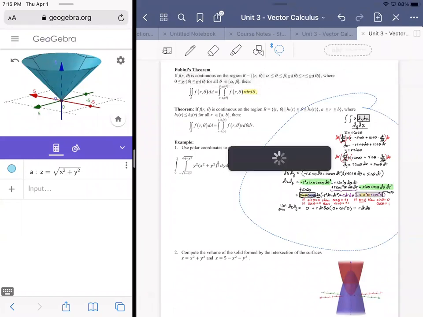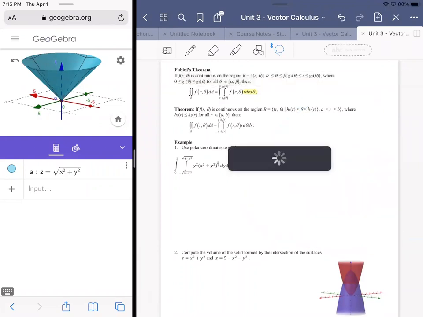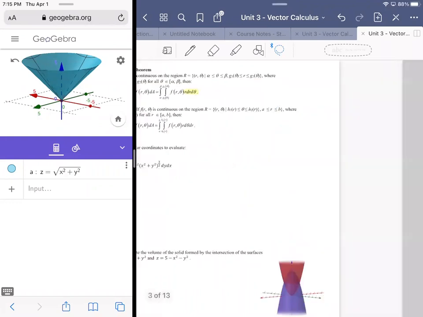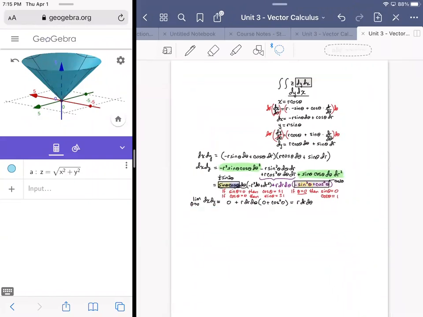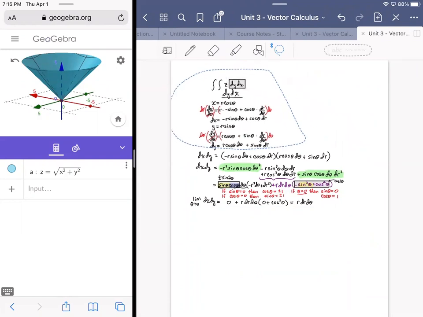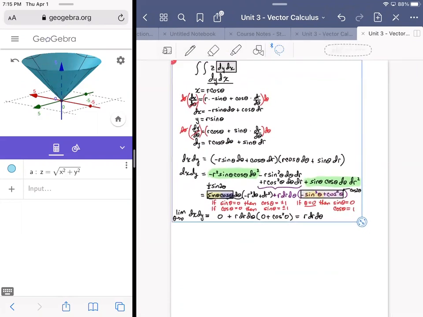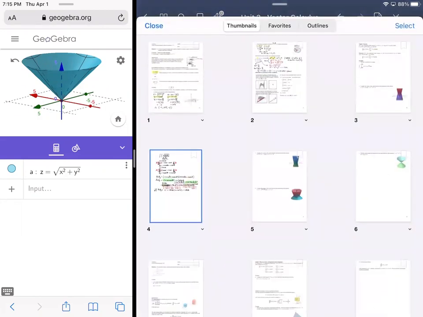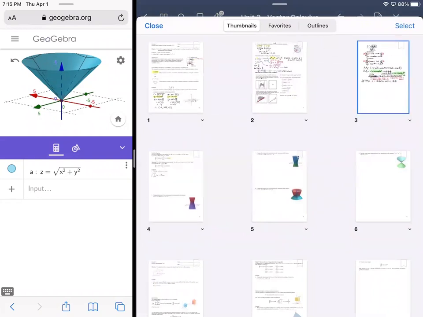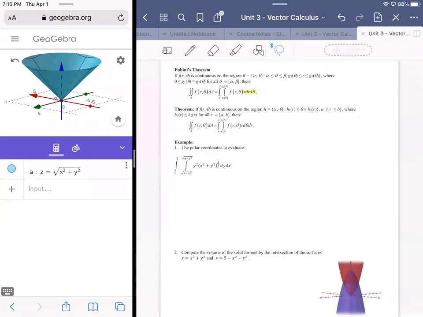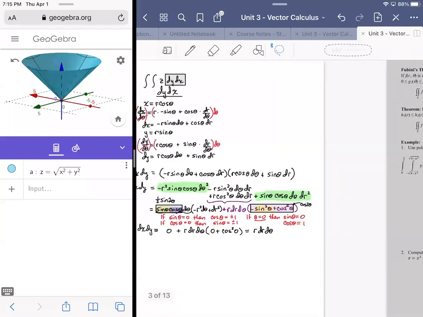Oh, I wanted to cut it, not copy it. Ay, ay, ay. There we go. All right, so it got its own page. I went the wrong way.